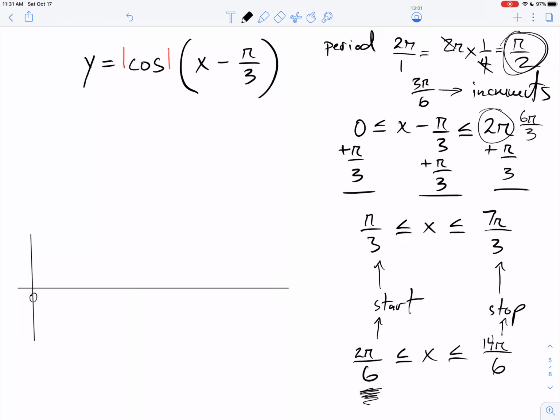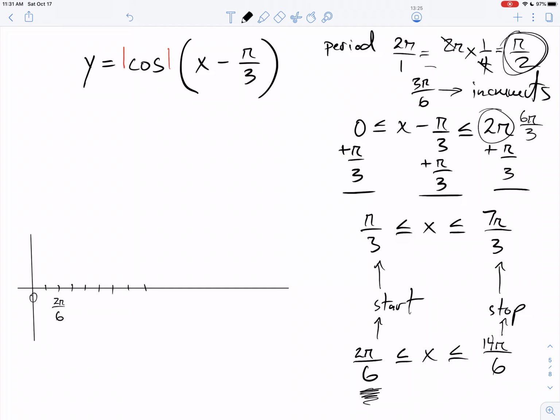I'm going to be counting in terms of sixths. Every dash on the x-axis has to represent the same exact number. So if I go 1/6, this would be 2 pi sixths right here.